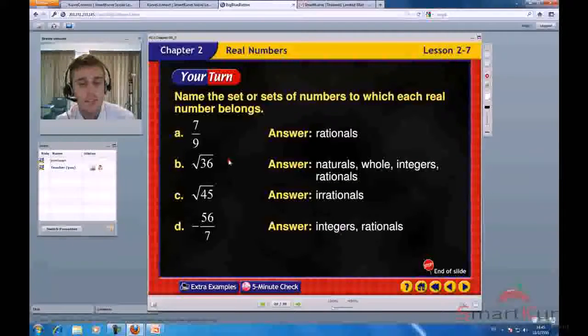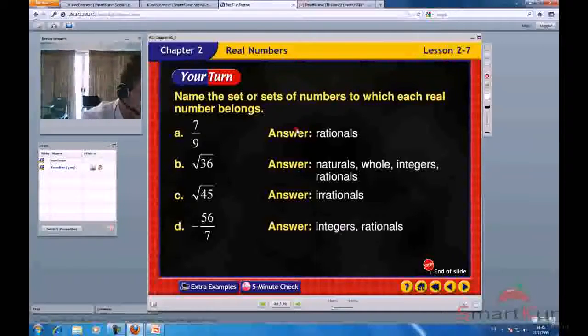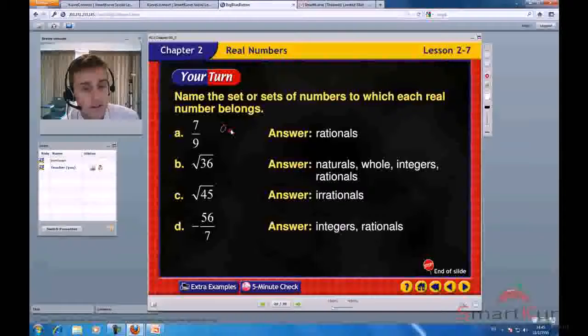Name the set or sets of numbers to which each real number belongs. 7 over 9 is rational, because 7 divided by 9 is 0.7 repeating, which continues on. Root 36 is 6: natural, whole, integer, and rational. It's a normal positive digit.